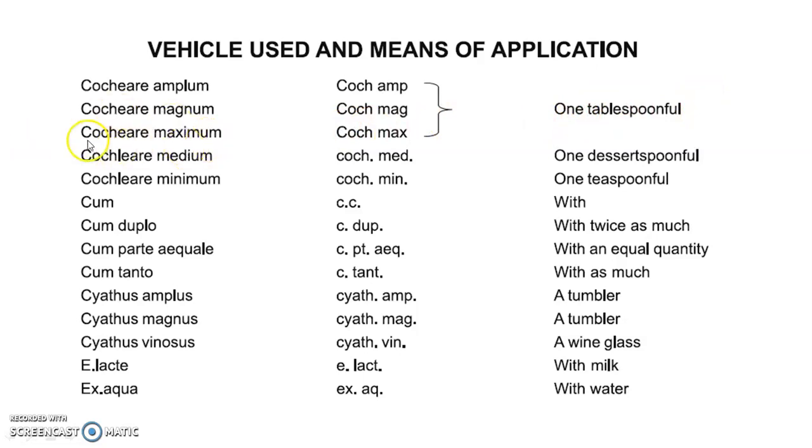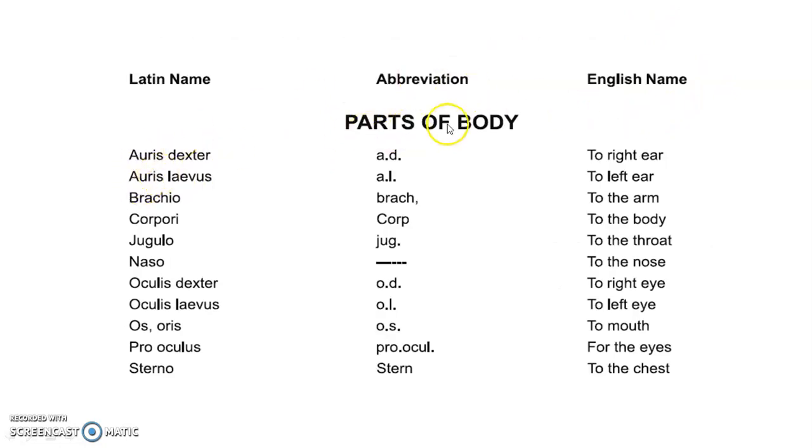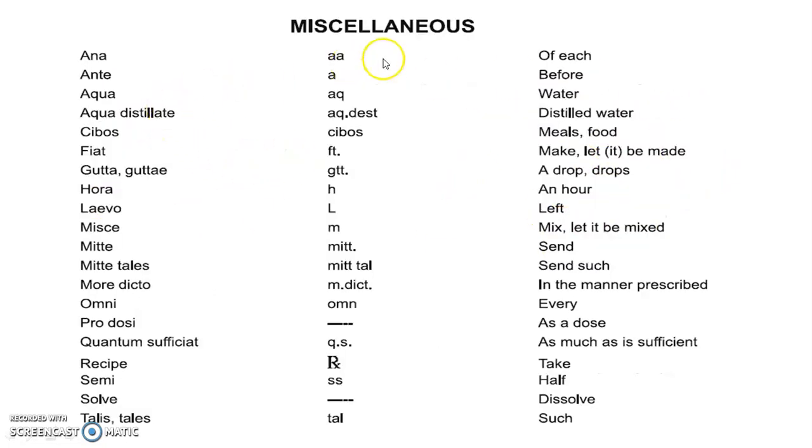So like this, the vehicles used and their applications are also given in Latin terms or their translation in English. Parts of the body: auris dextra, AD, to the right ear; auris laeva, AL, to the left ear. Like this, the parts of the body are also indicated through Latin terminologies.